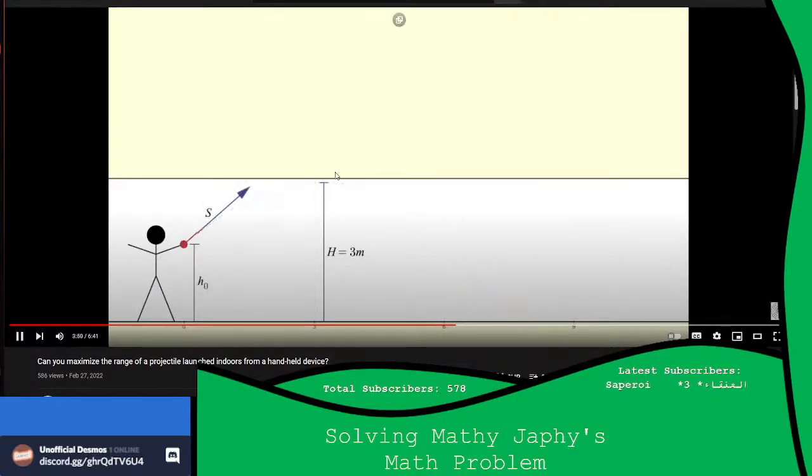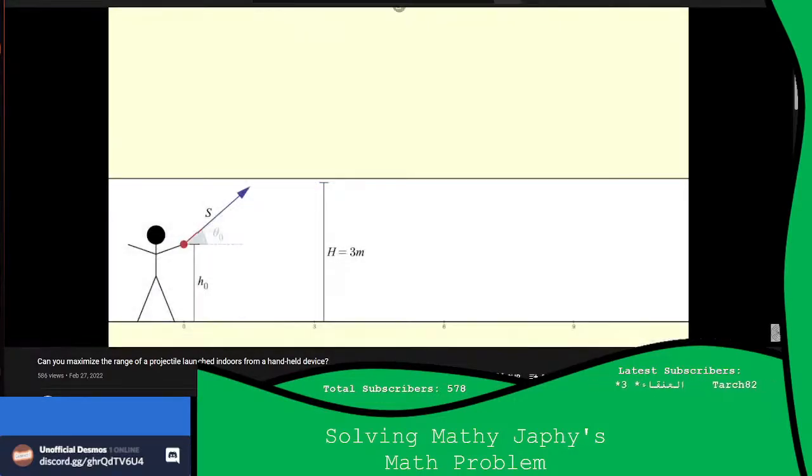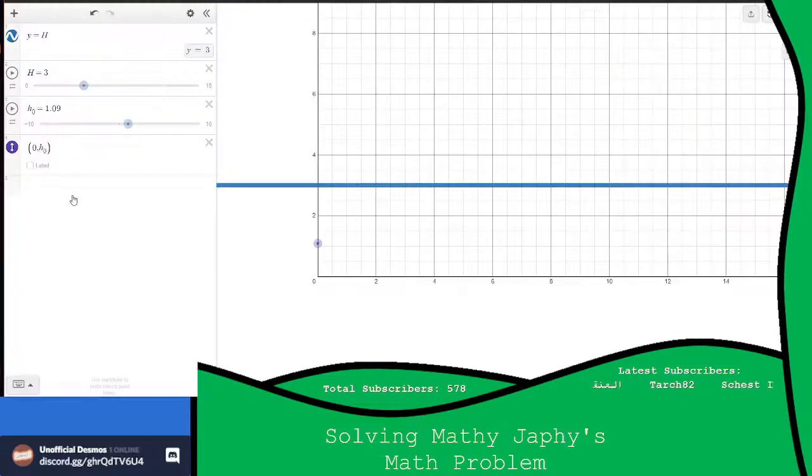Capital S for the launch speed, and theta naught for the launch angle. So S is, let's add a note for now. S is angle. Okay, wait, so let's just draw out the vector.